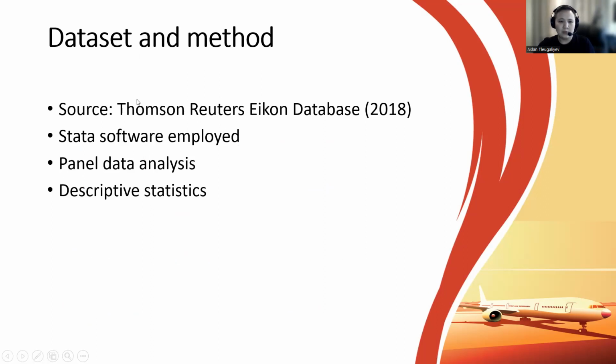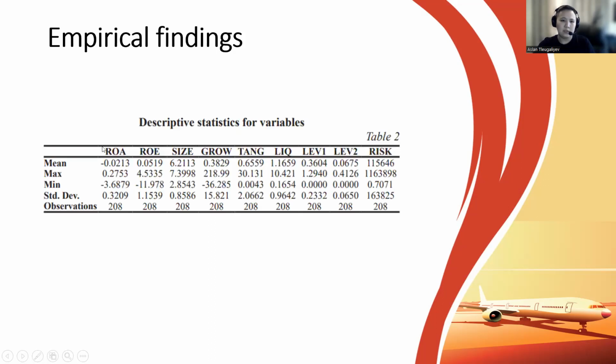The data was obtained through the Thomson Reuters Eikon database in 2018. The researcher employed Stata software. It used panel data analysis. Descriptive statistics. What are descriptive statistics? They provide us with statistics on the location of a variable measured by the mean and its variability measured by its standard deviation.